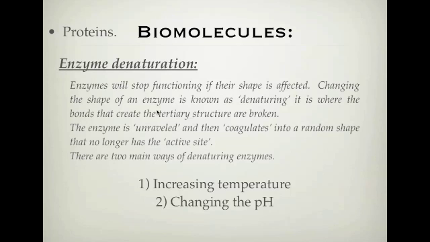So if we affect those tertiary structure bonds, the things in the side chains, what we can do is effectively unravel and change the shape of this enzyme, and that will change the enzyme shape, therefore affecting the active site. As it says here, the enzyme gets unraveled and then coagulates into a random shape that no longer has the active site.